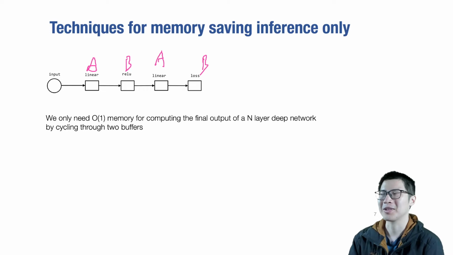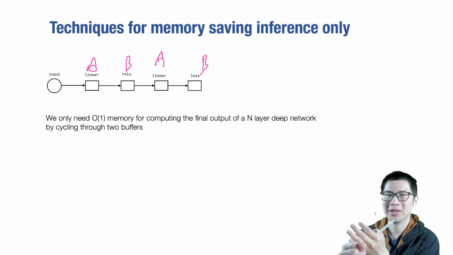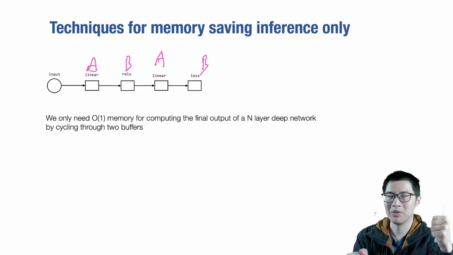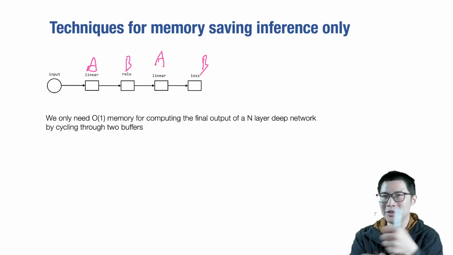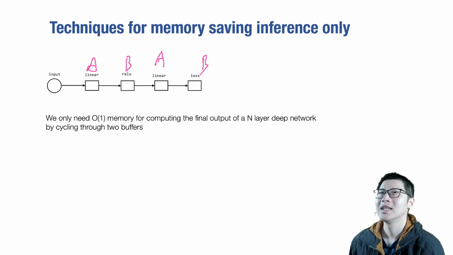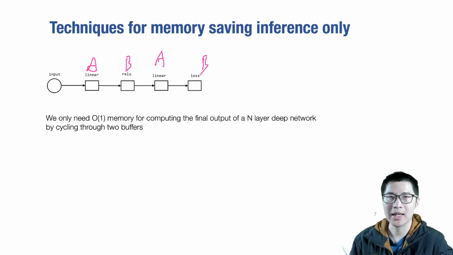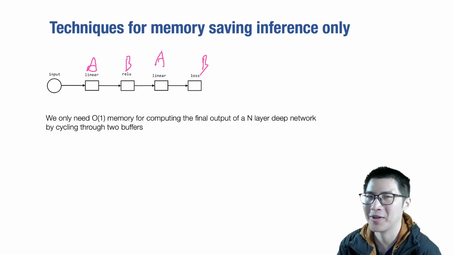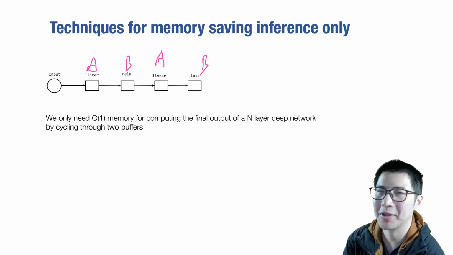You store intermediate results in one buffer, run some computation, store the output in the next one, and cycle in an alternating fashion. In this way, no matter how deep my neural network is, we just need two pieces of scratch pad memory to run this feed-forward inference.